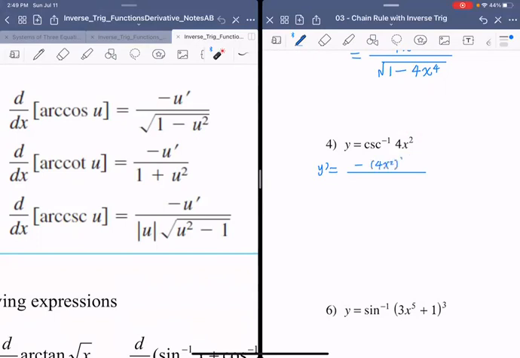We can write this in an extra step. Divided by the absolute value of 4x squared, times 16x. So we do 4x squared, and then minus 1. Does this make sense to you? Tell me the next step.